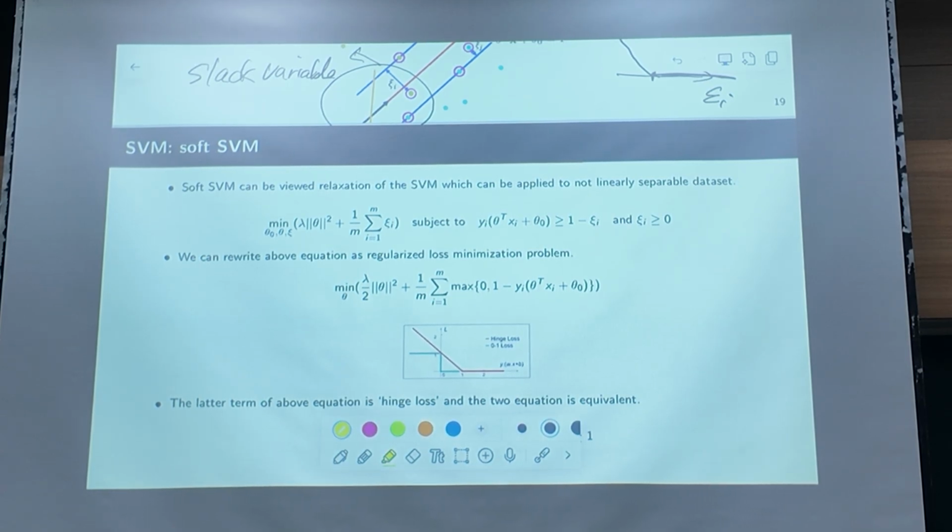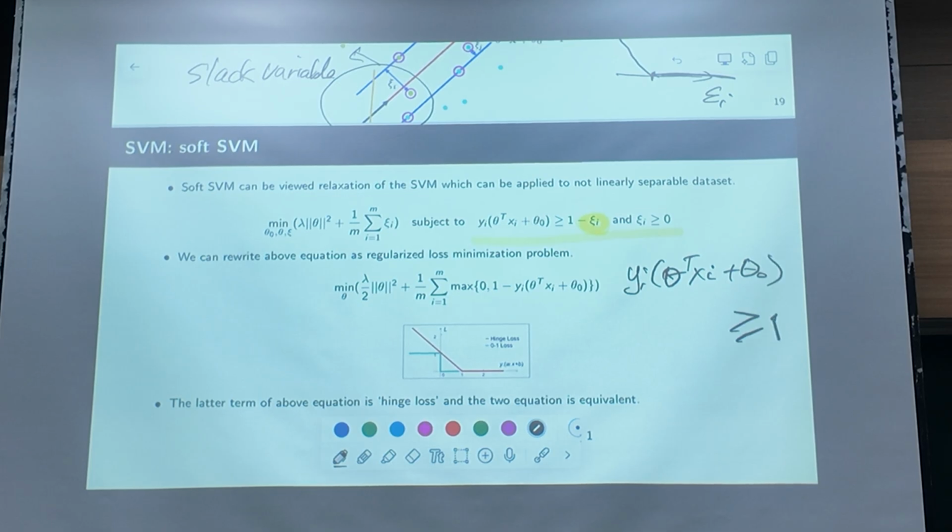And what I'm going to do in soft SVM, all the training data is going to satisfy this equation. Okay. Before we had psi i all 0. But I'm going to allow for some psi i. So in the hard SVM, I had theta transpose x plus theta naught being greater than or equal to 1.